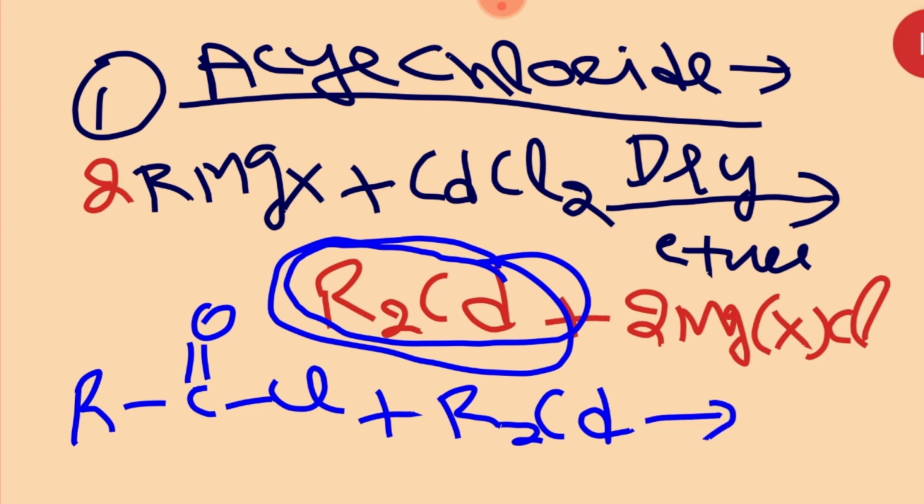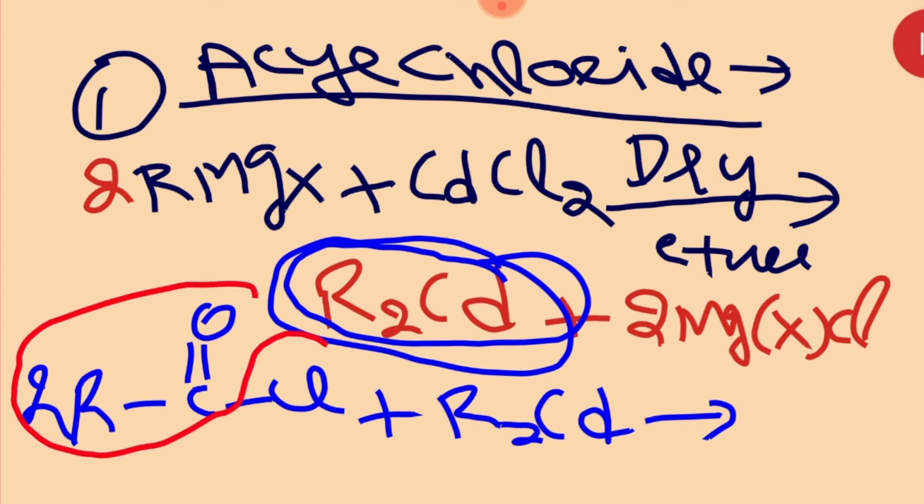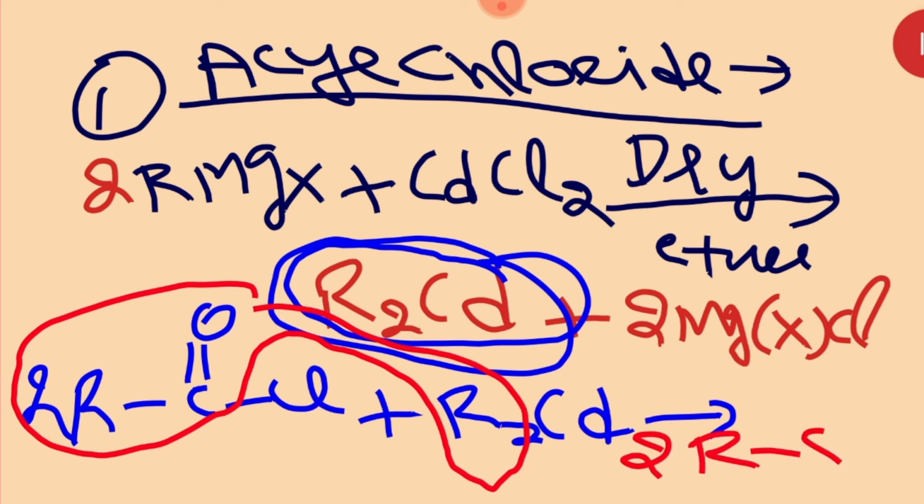We are giving the reaction of R2Cd with the acid chloride. Here also we have to use 2 moles, and then we will get ketones, 2 RCOR. We get 2 RCOR ketone over there. Can I rub this one?